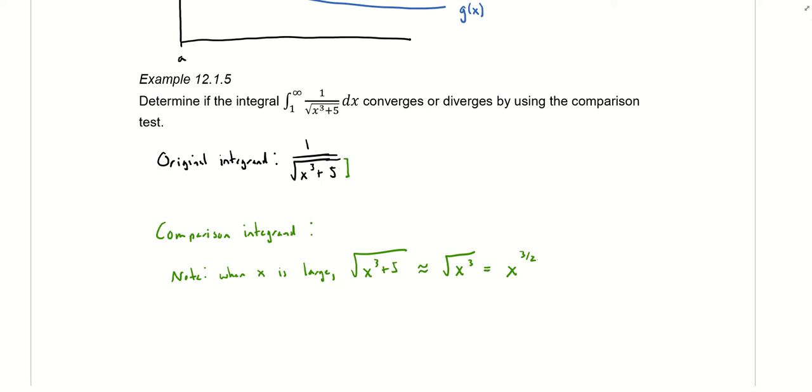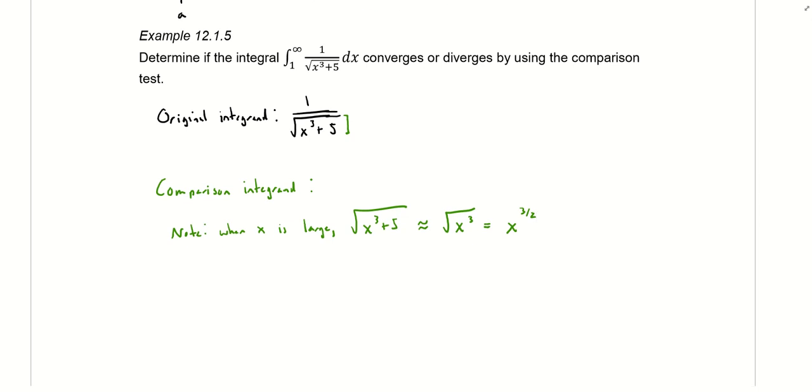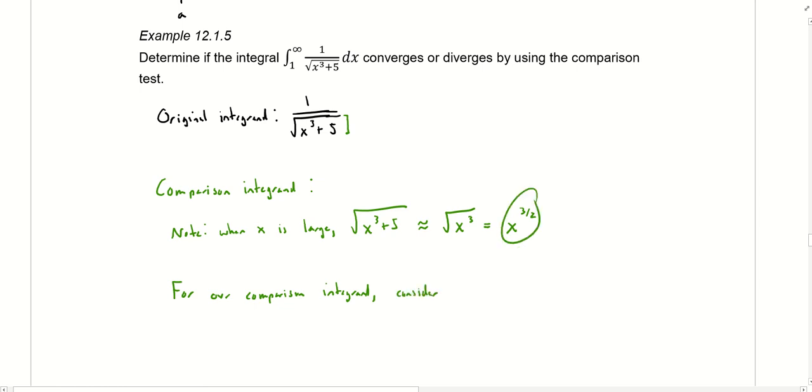Now, why am I considering this? I'm considering this because for our comparison integrand, consider this original integrand, but with this as my denominator. So let's consider 1 over x to the 3/2.